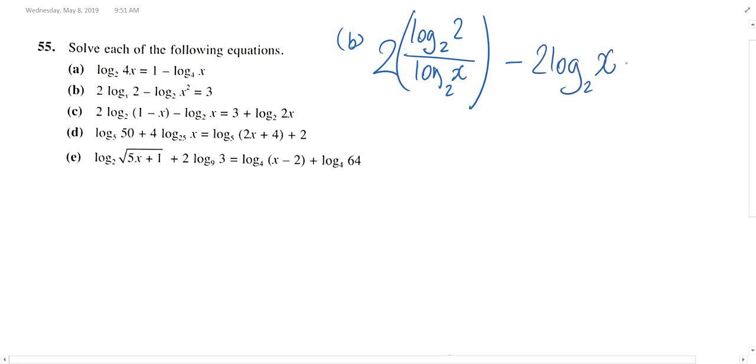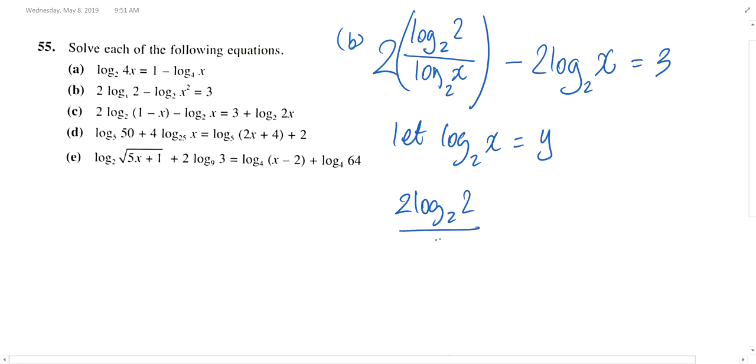Log base 2 x equals to 3. Okay, then? Equals to y. Okay, I do the substitution for you. 2 log base 2, 2 over y minus 2y equals to 3.